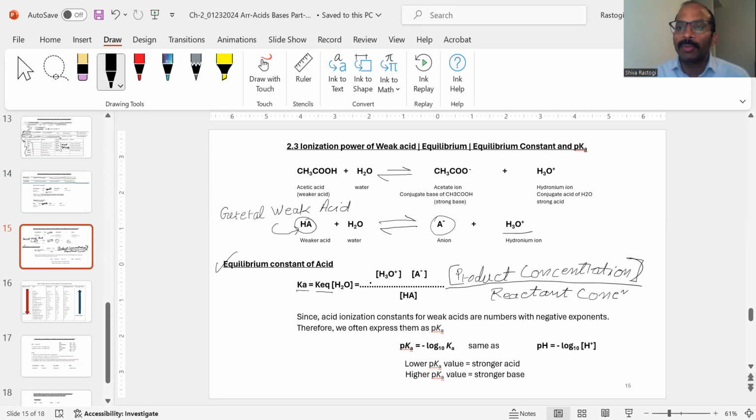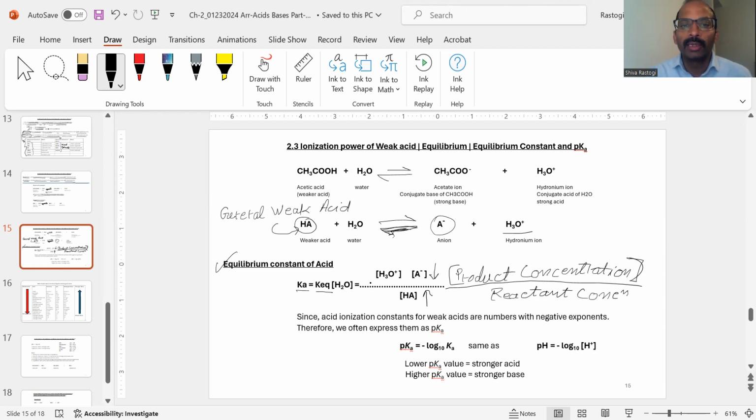So what will happen here? You can see since acetic acid is a very weak acid, mostly it remains, so a higher concentration of the acid will be there and a very low concentration of the products. So the numerator value will be very low and the denominator value very high.